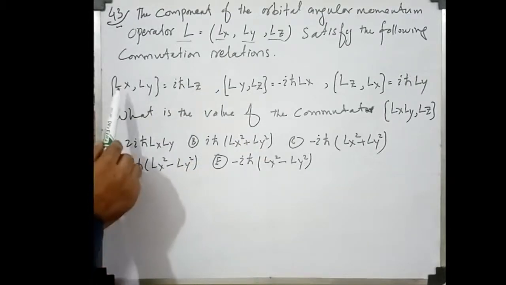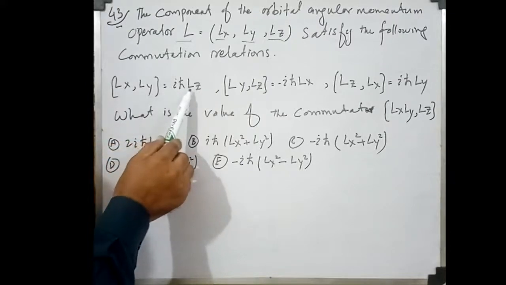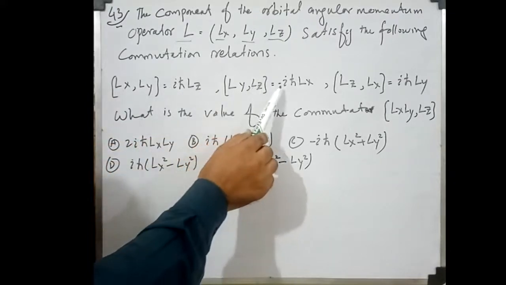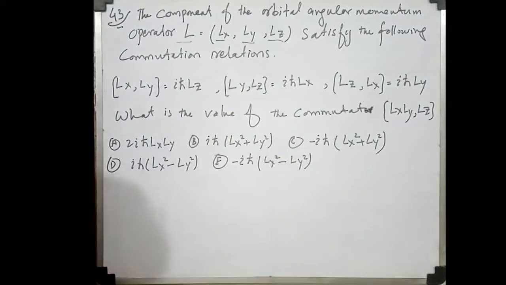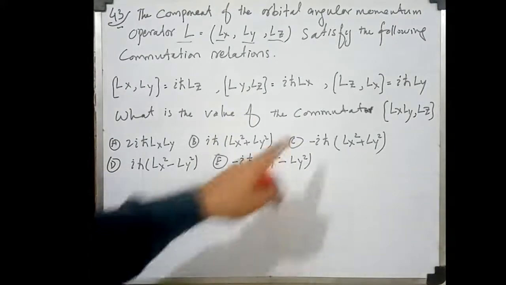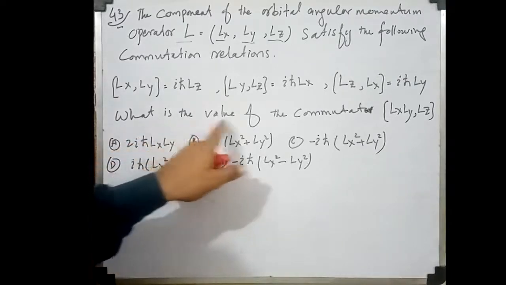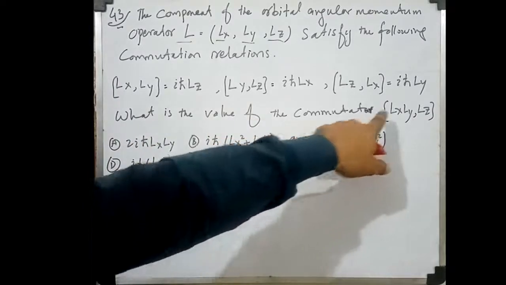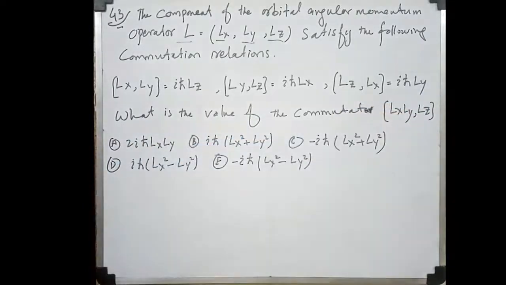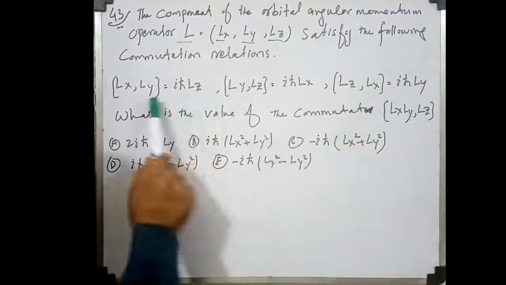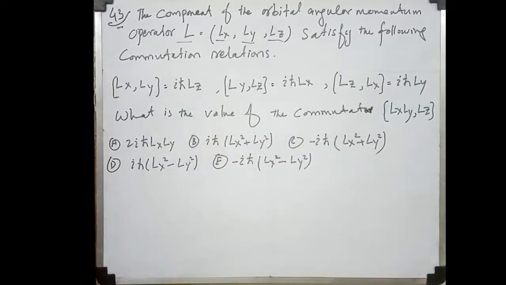The commutator of Lx and Ly is equal to i h-bar Lz, the commutator of Ly and Lz is equal to i h-bar Lx, and the commutator of Lz and Lx is equal to i h-bar Ly. Now, what is the value of the commutator of Lx, Ly and Lz? We have to find the value of this commutator using these three relations.